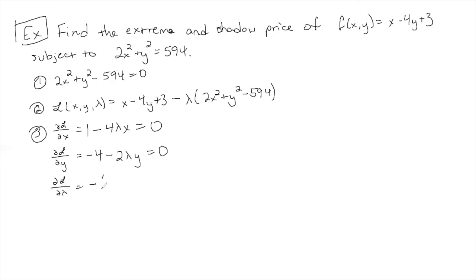And this, of course, should just be negative (2x squared plus y squared minus 594) equals 0.